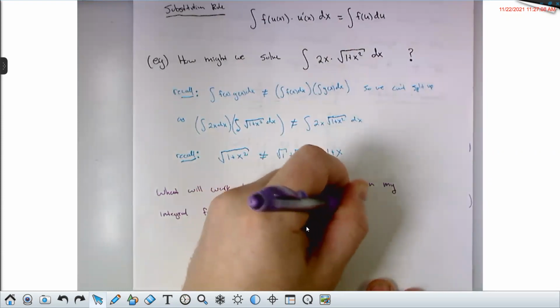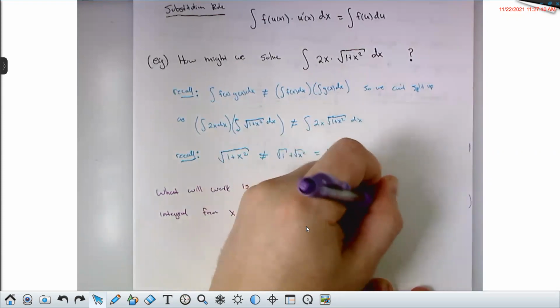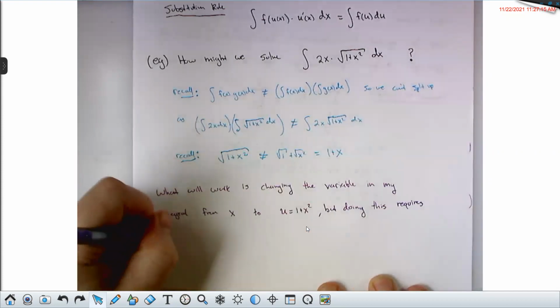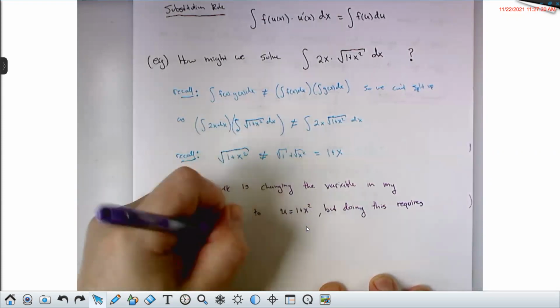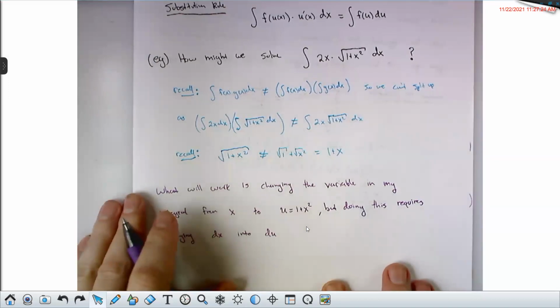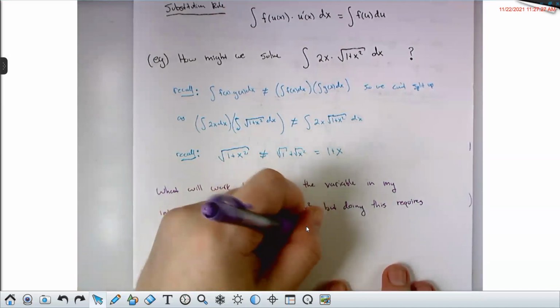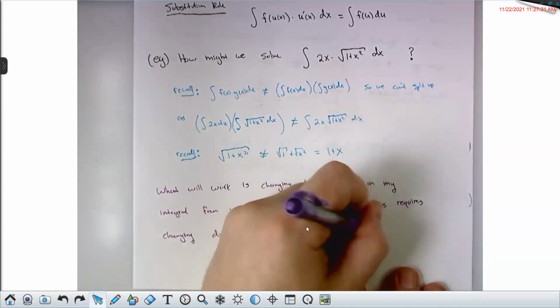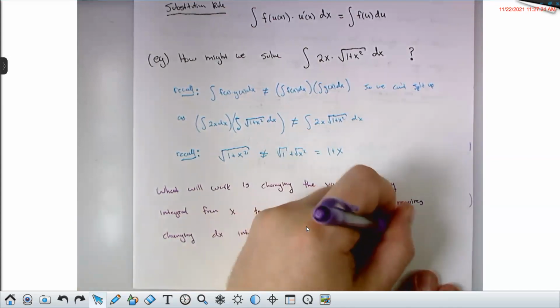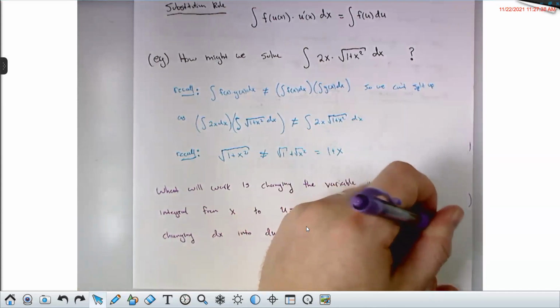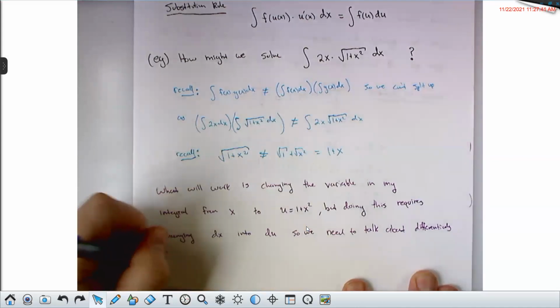But doing this requires changing dx into du. So we need to talk about differentials first.